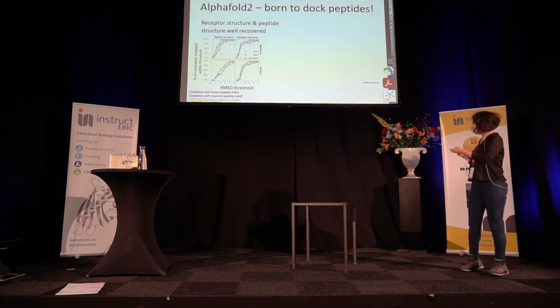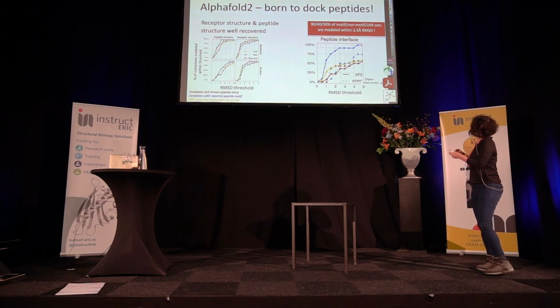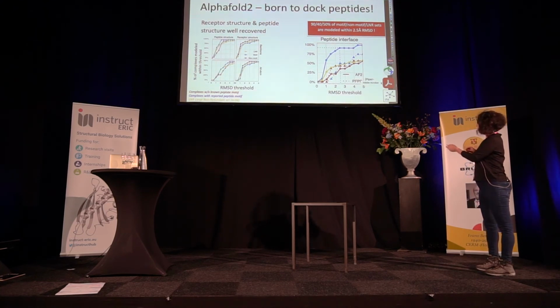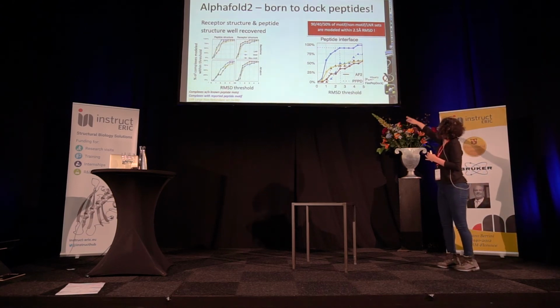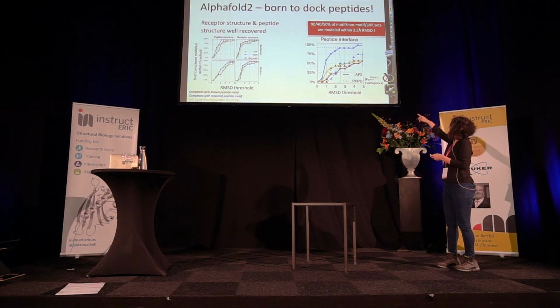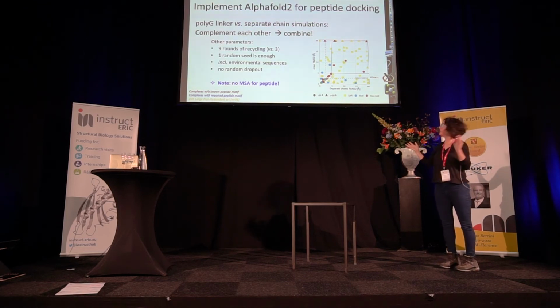But the important point is what we are showing now: it also works for docking. What I want to show here is the performance for the RMS threshold, and again look at the cutoff. You can see that within a cutoff of 2.5 angstroms, you can basically get most of the cases to work. So I hope you saw it.